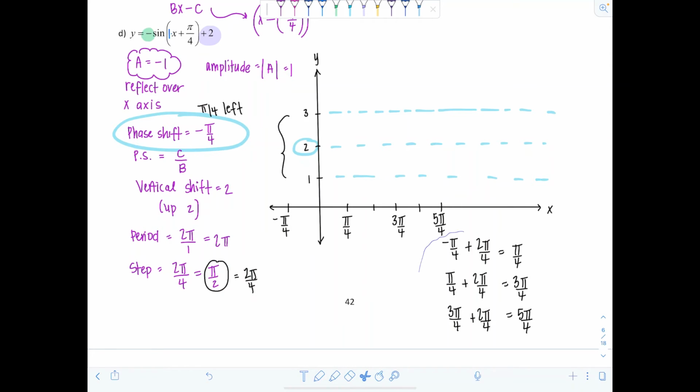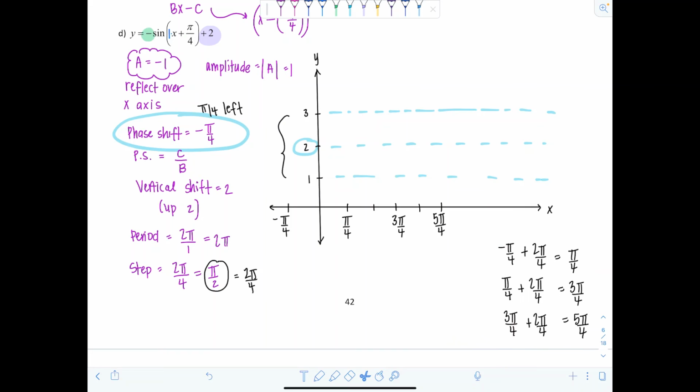And then let's scoot this over. The last one I'm doing in my head, add another 2 pi/4, we're at 7 pi/4. Okay? Good. Let me space this one a little more evenly, otherwise it will drive me crazy. So here's -pi/4. Okay. Looks good.